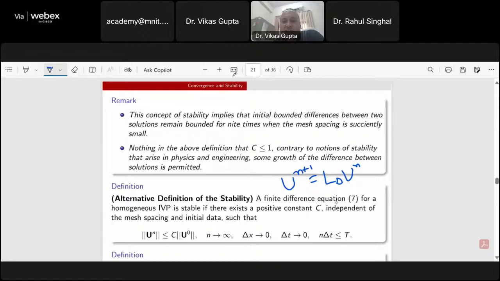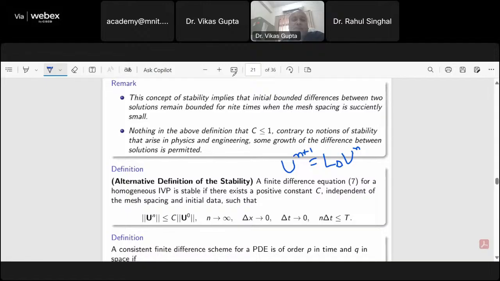A finite difference scheme for a homogeneous initial value problem is stable if there exists a positive constant C independent of the mesh parameters such that the norm is bounded by C, that is, if we are able to bound the matrix L delta in some norm, then we can say that our finite difference scheme is stable.